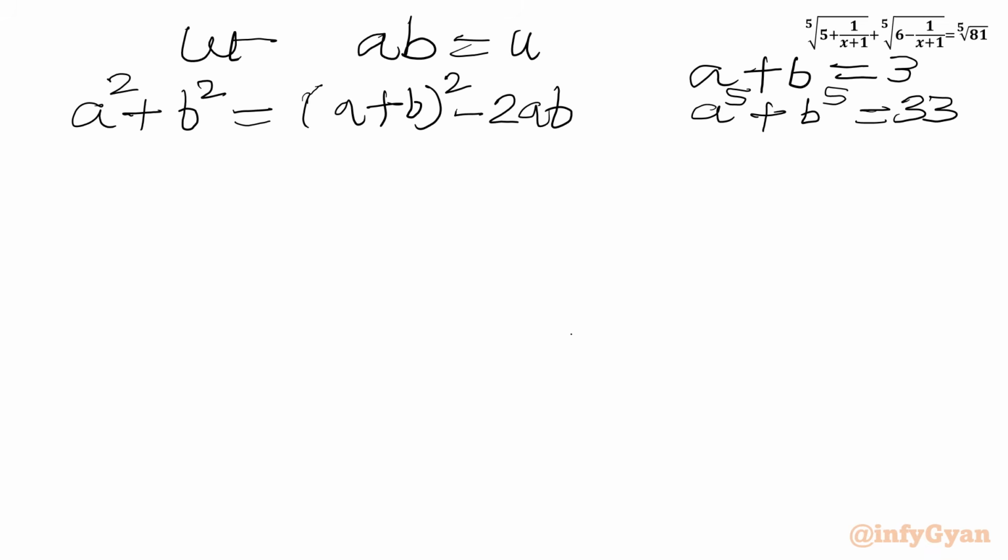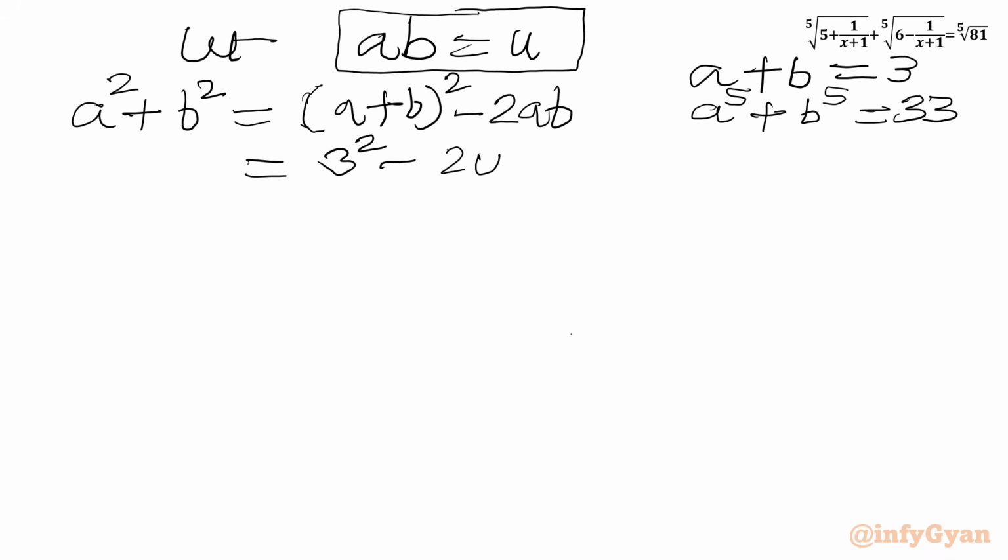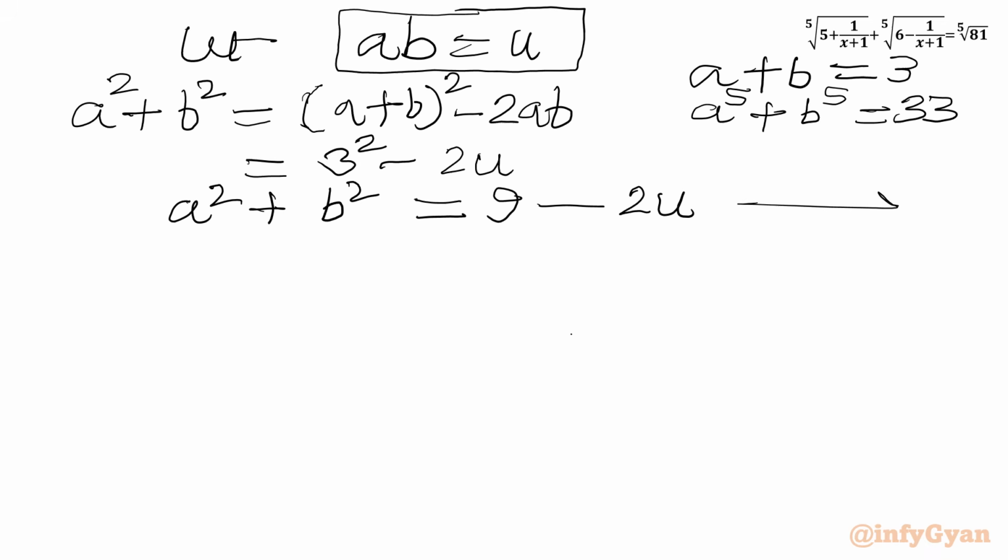We have a plus b as 3, so we will write here 3 square minus 2 times ab, which is our substitution u. So a square plus b square will be equal to 9 minus 2u. Let's say this is our equation number 1.